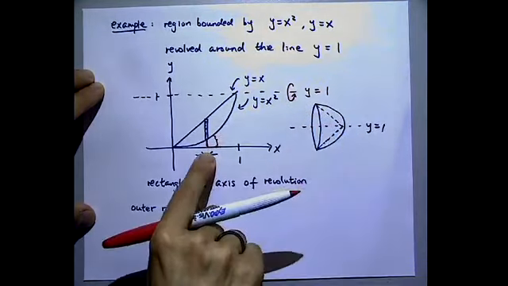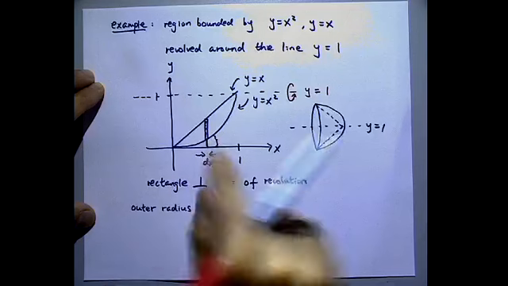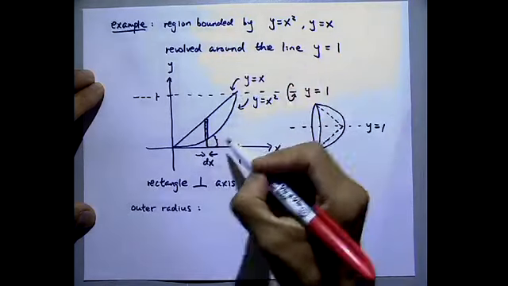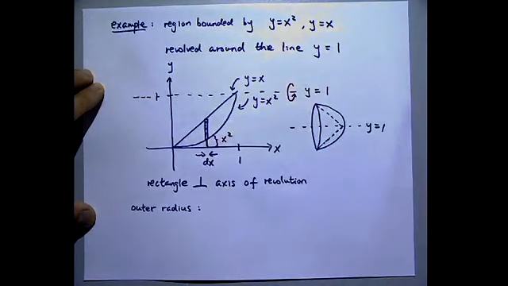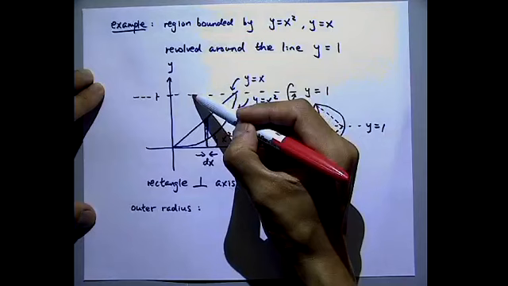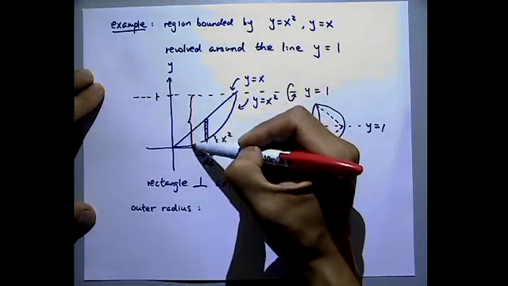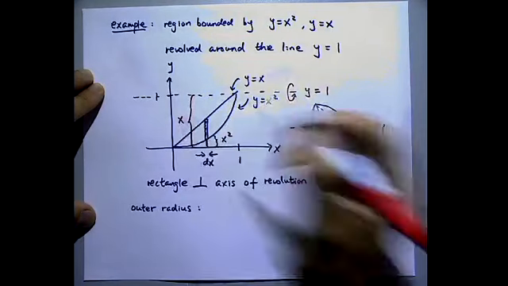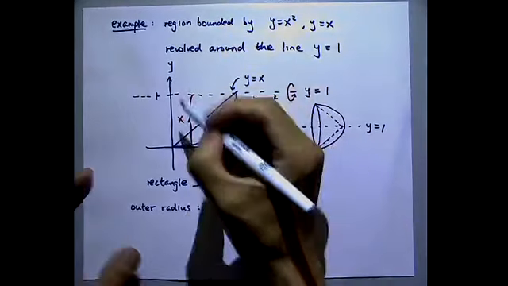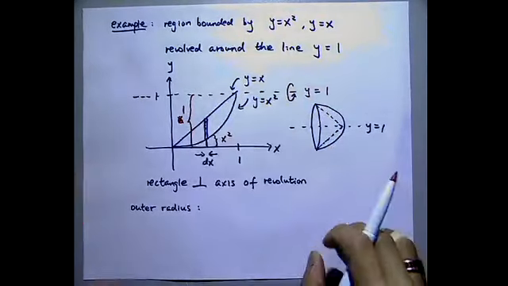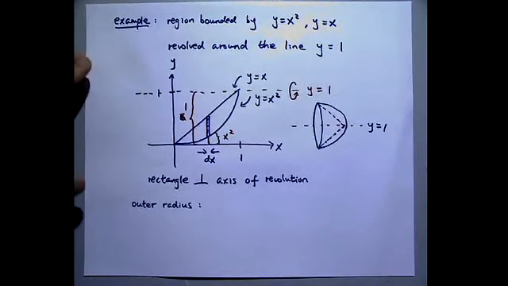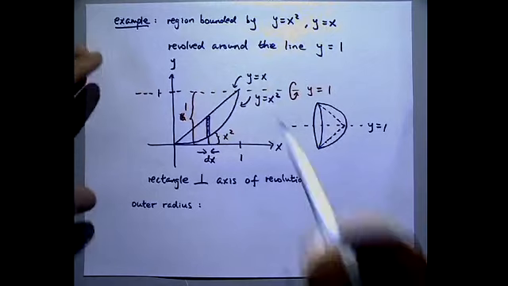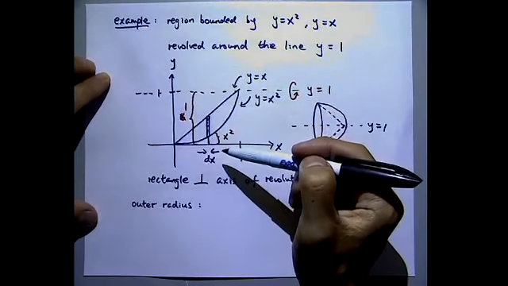This little red line I drew here, the height of that is x squared, right? And then from the dotted line to the x-axis, it's exactly equal to, not x, 1. And as you can see, the difference between these two is the outer radius.